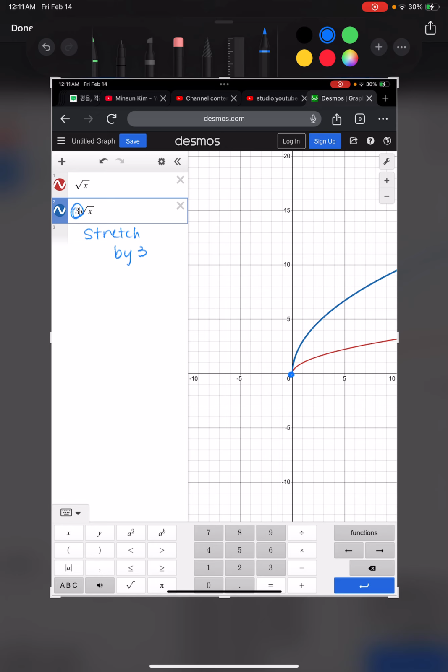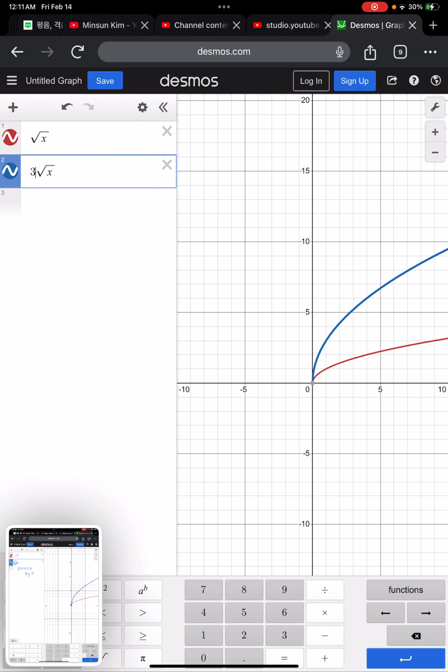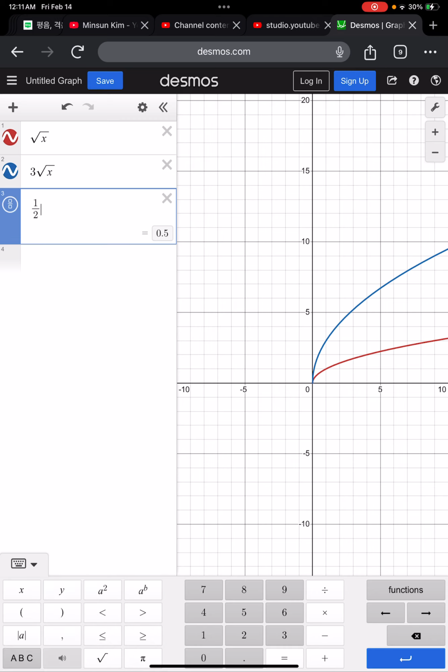Also, when you go back here, if I type in 1/2 and then square root of x, your graph is green now. Your graph is lower than the original one.